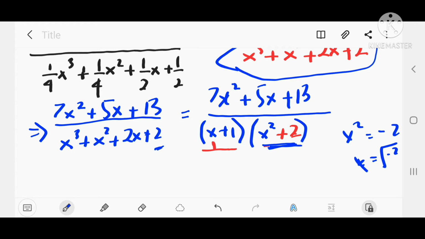That will be an imaginary number, meaning the number is not real. So if the number is not real, it means it cannot be factorized.